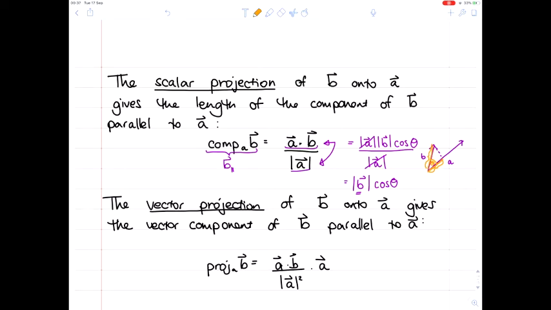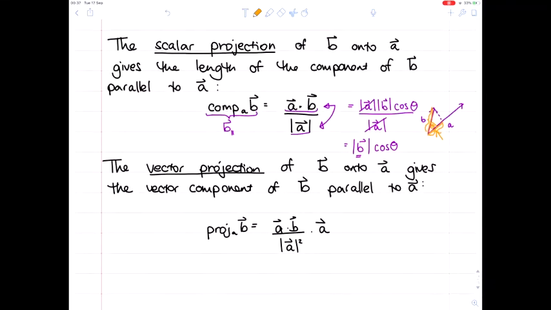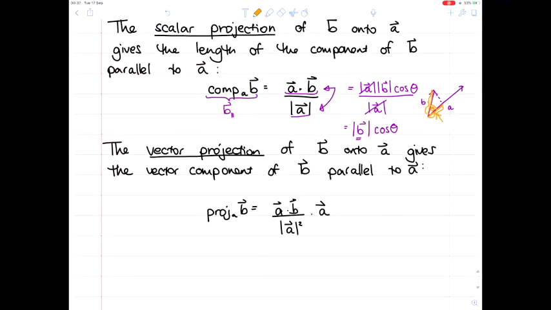So that's how we get that this component over here is the length of B times cosine of theta. So that's just giving us the length of the projection of B onto A.